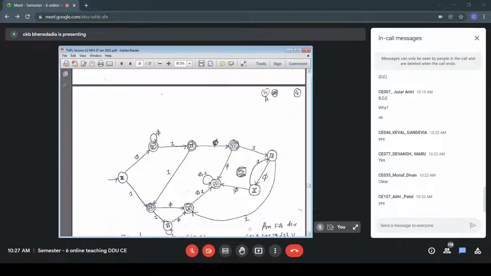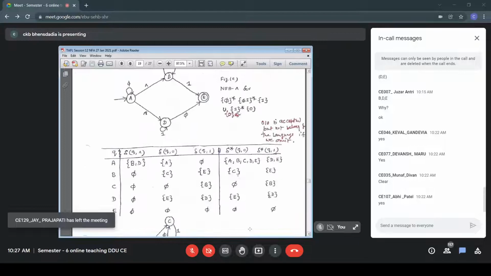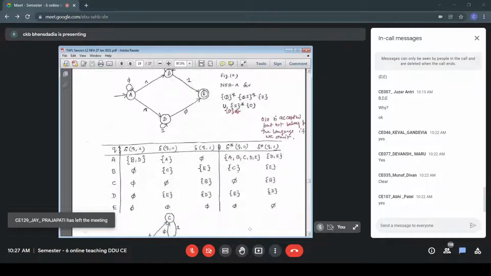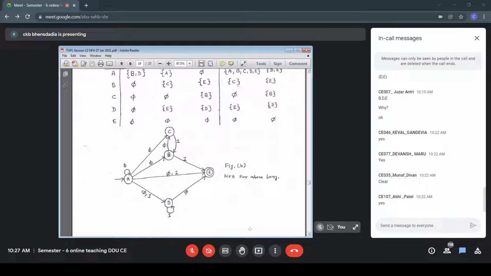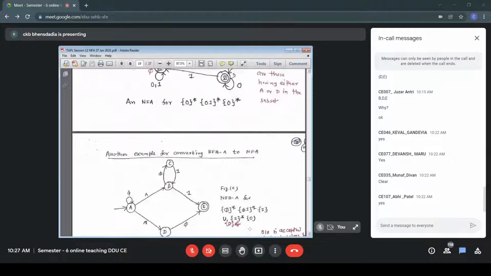That is the advantage of non-determinism in the case of finite automata. Number of states drastically reduces. The structure closely matches the RE.